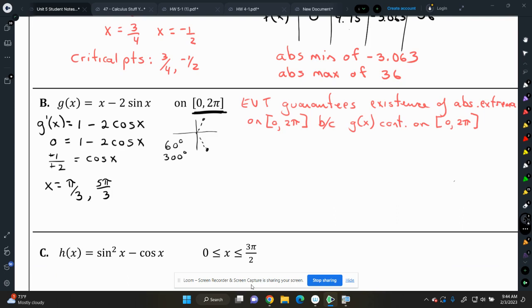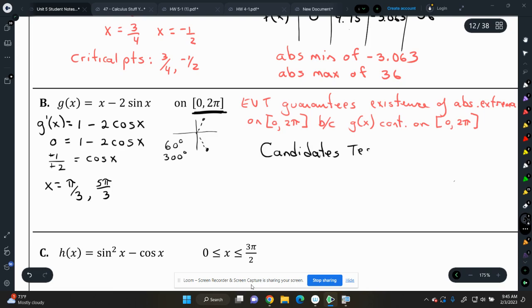So now we're going to do the candidates test. We've got f and we've got g of x. So we're looking at 0, pi over 3, 5 pi over 3, and 2 pi.